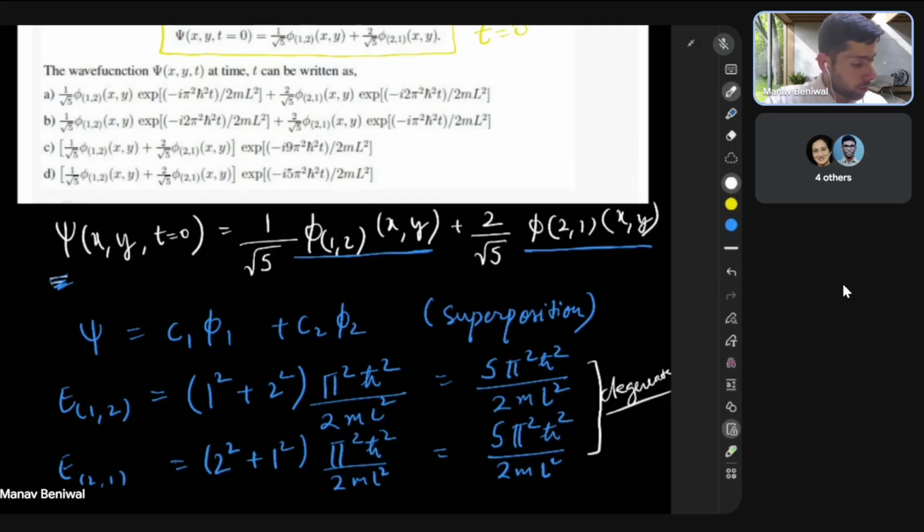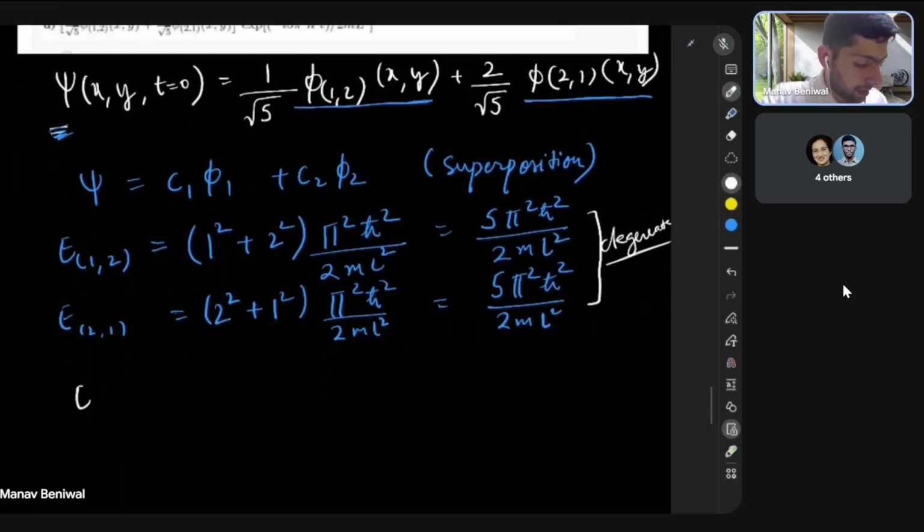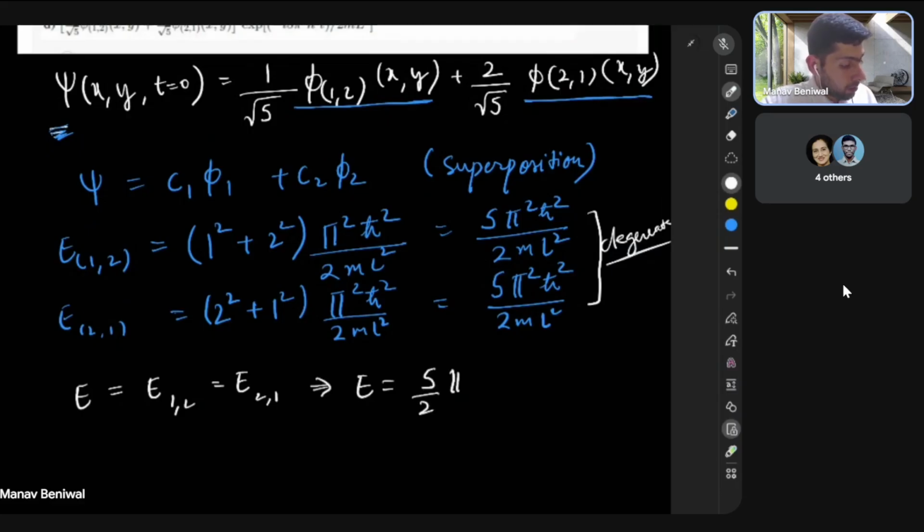So instead of writing E 1 2 and E 2 1, let's just say that our energy E, which is the same in both the cases, is 5 by 2 pi squared h cut squared over m L squared.